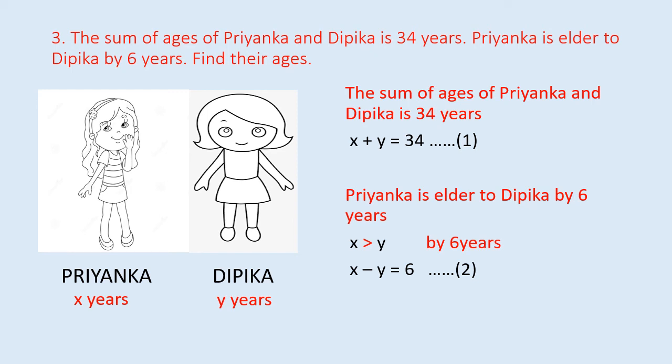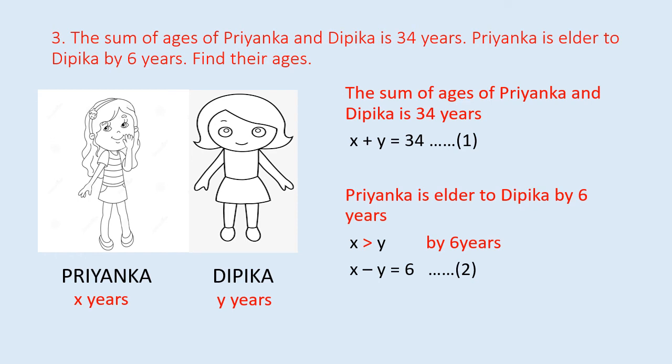The second one is given, Priyanka is elder to Dipika by 6 years. So if Priyanka is elder to Dipika by 6 years, x will be greater than y by 6 years. So we always subtract the smaller number from the greater number. So x minus y will be 6.